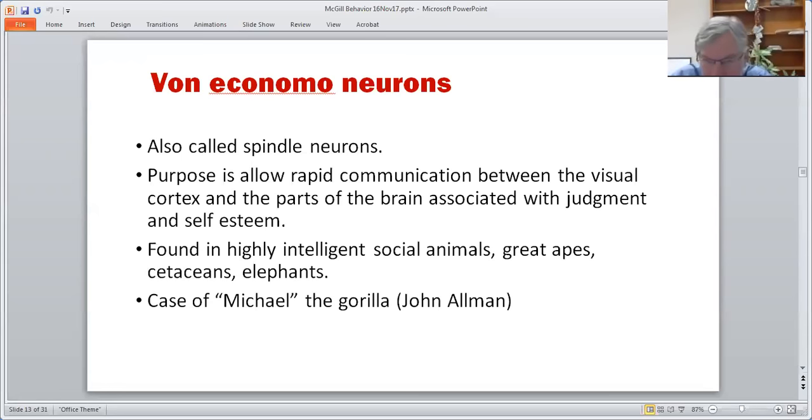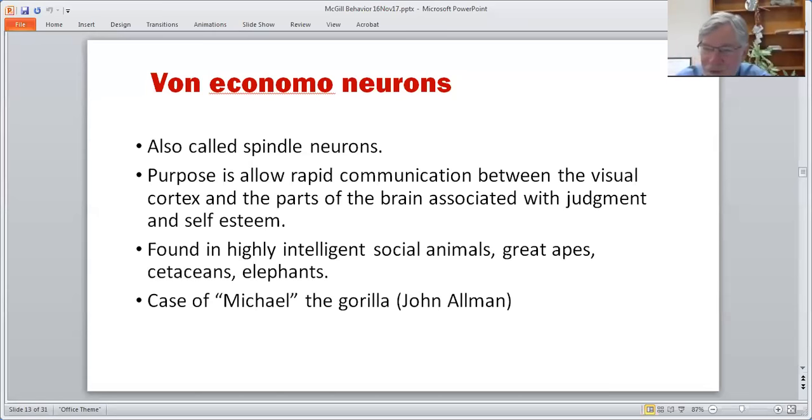Okay, I guess most of you have heard of Coco, the gorilla who was taught sign language. She learned literally hundreds of words. Michael was a companion of hers, another gorilla, and Coco actually taught Michael sign language, without any humans around.